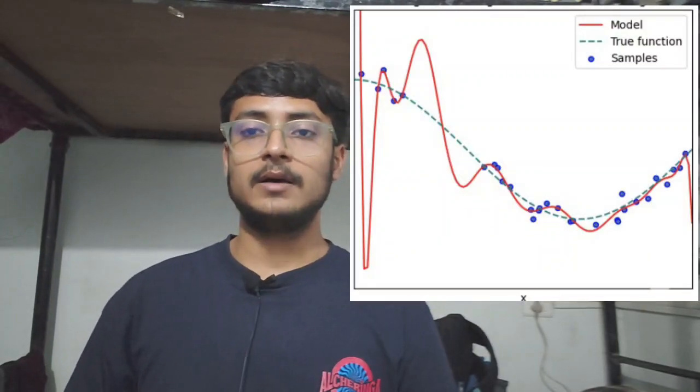In that case it won't make any assumptions, but the issue here is that it will memorize the error and the noise that is present in the data rather than being generalizable to different data sets. If we train that model on a particular data set, then it won't perform as well on a new data set, because it is just memorizing the errors and making a perfect decision boundary out of them.